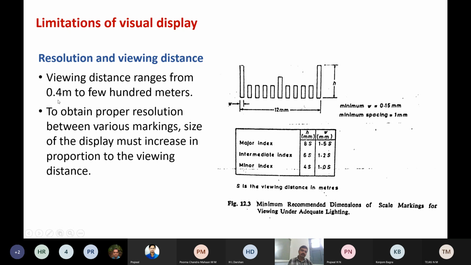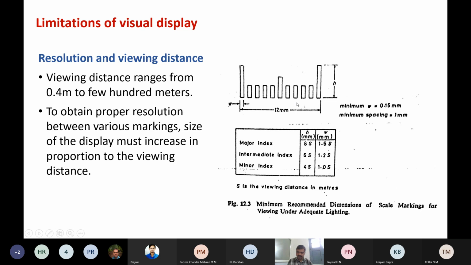Viewing distance ranges from 0.4 meter to a few hundred meters. To obtain proper resolution between various markings, the size of the display must increase in proportion to the viewing distance. If the viewing distance is more, then the size of the display also should be large, so that a designer should consider.